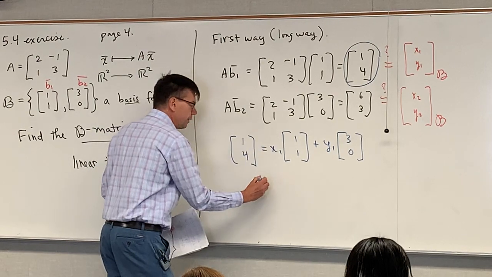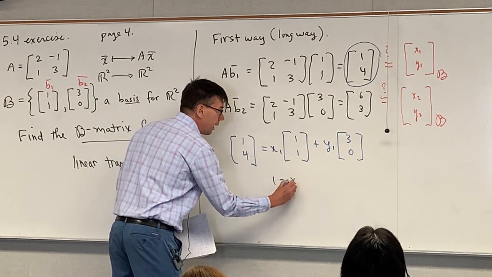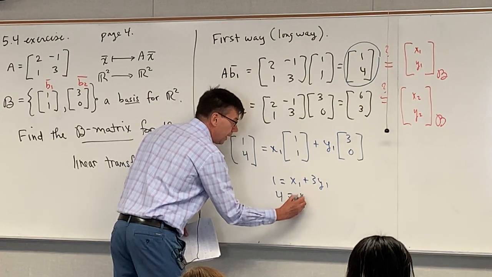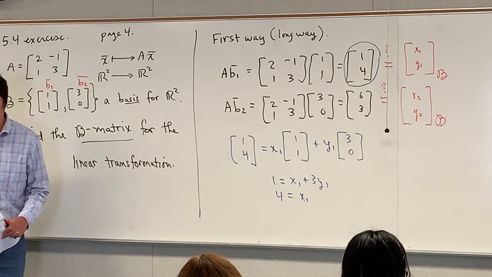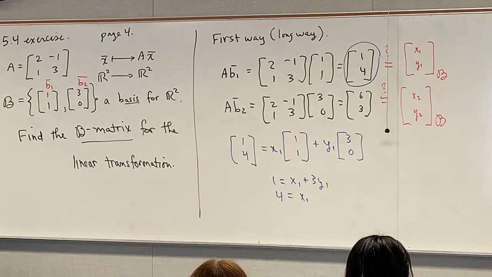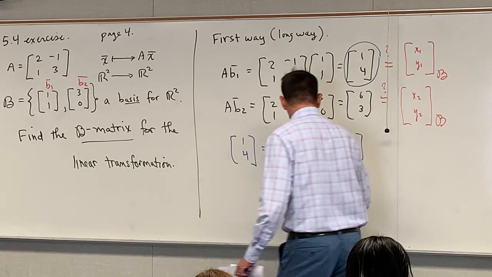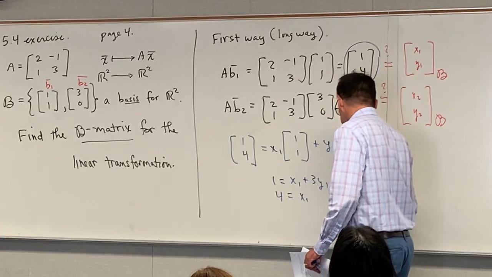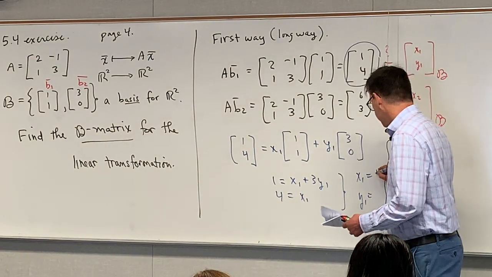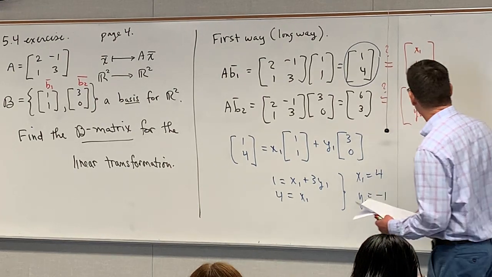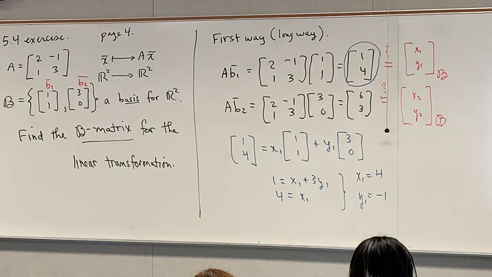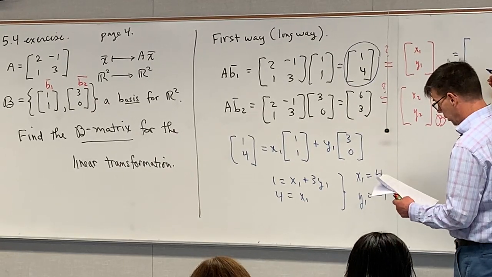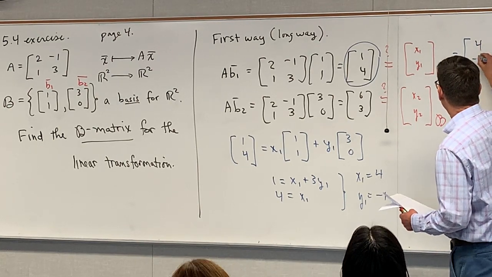Or turning that into a system of equations, that's 1 equals x1 plus 3 y1, 4 equals x1. Now, I gave myself a real easy system to work with here, but of course, it could be any 2 by 2 system. We could solve for x1 and y1. So I'm just thinking of this algebraically. x1 is 4, y1 is negative 1. And so that means the b coordinates of that 1, 4 vector are 4, negative 1.